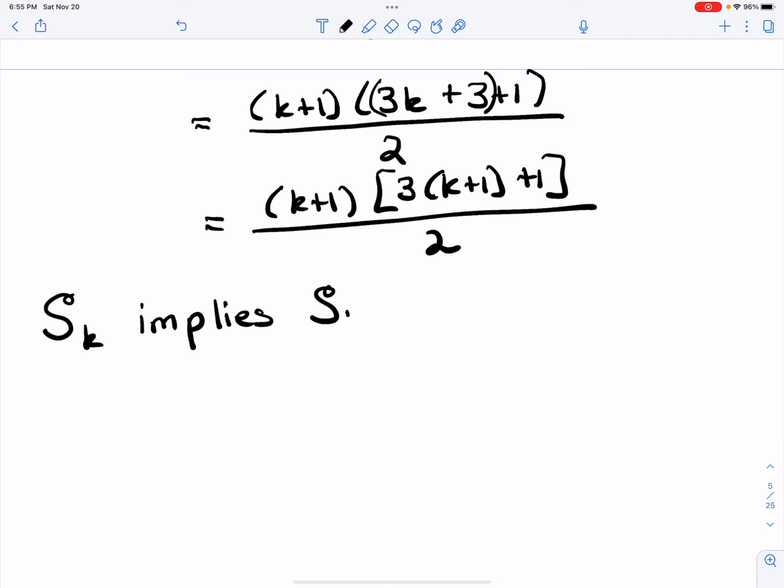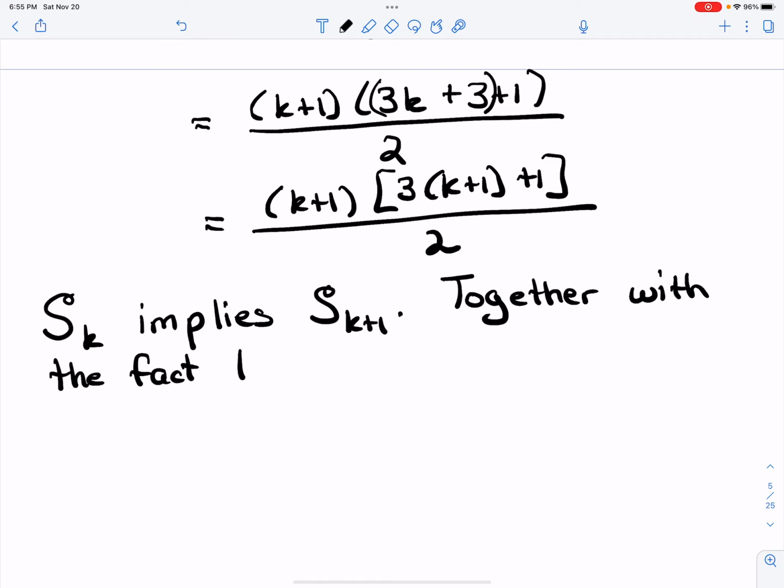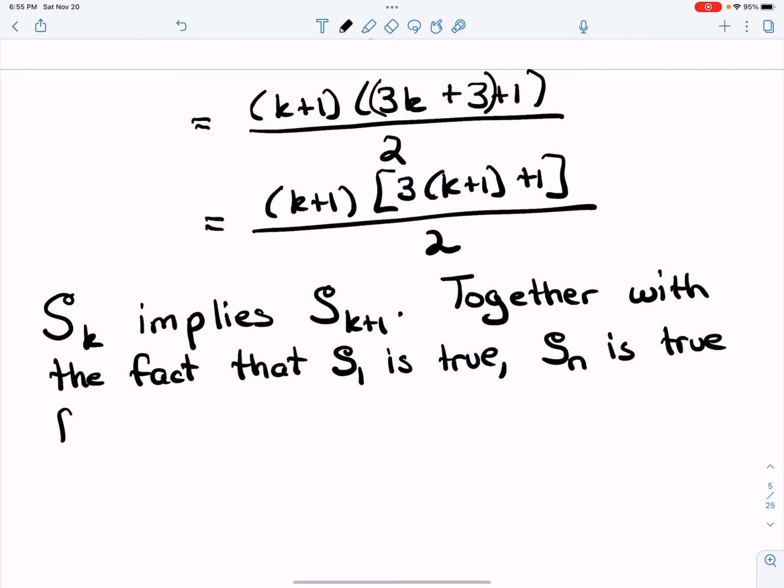Did a little algebra to show it. Together with the fact that S sub 1 is true, S sub n is true for every positive integer n.